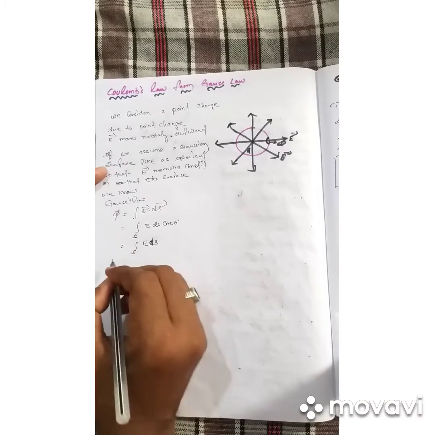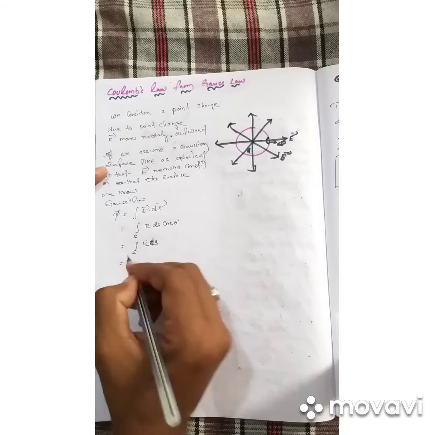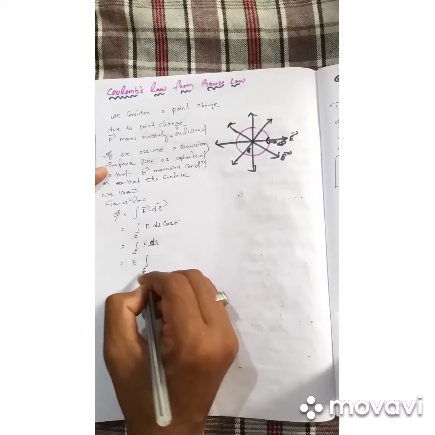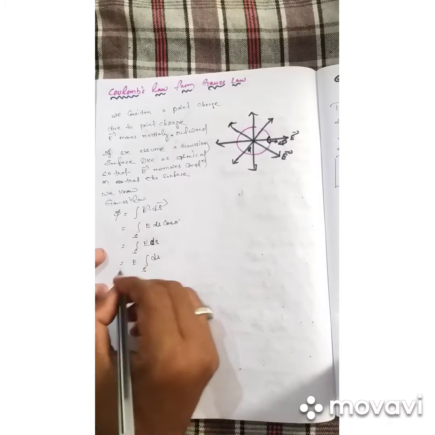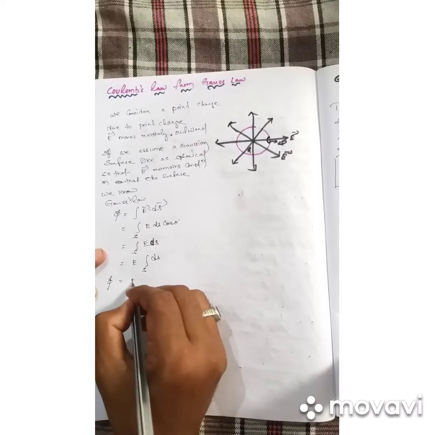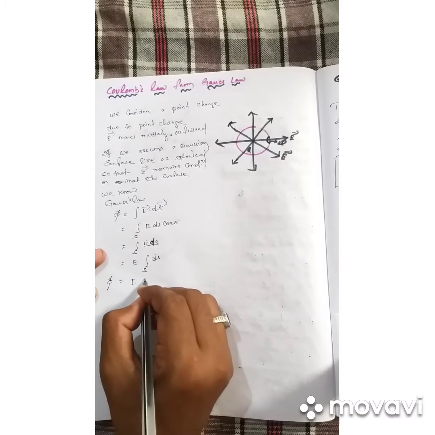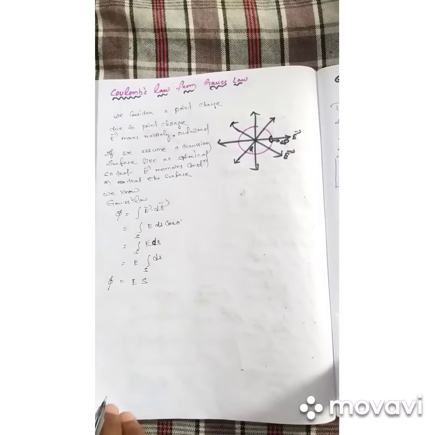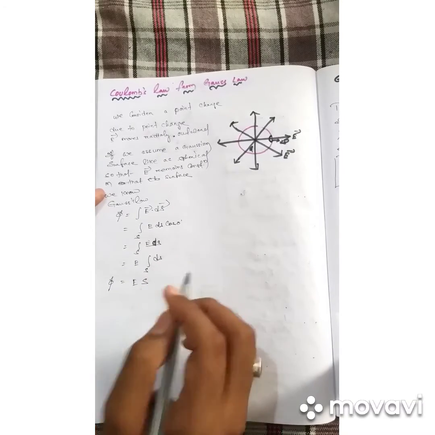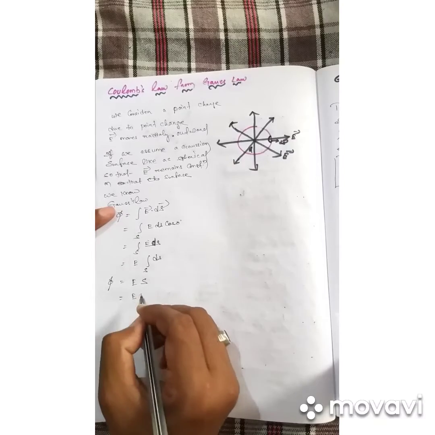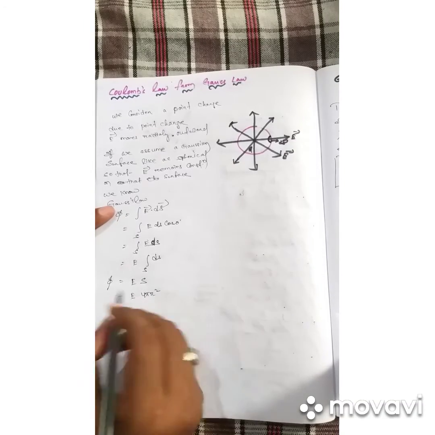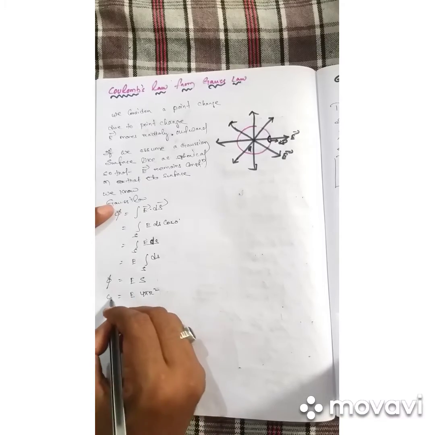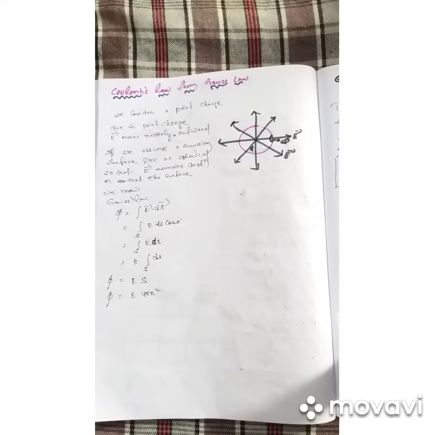We know the electric field remains constant in every direction on that surface. So E is taken outside the surface integral of dS. The surface integral of dS can be represented as S, because the small regions are added, so it represents the total surface by using integration. So it can be represented as ES. The surface area of that sphere is 4 pi r square. So phi can be represented as E into 4 pi r square.